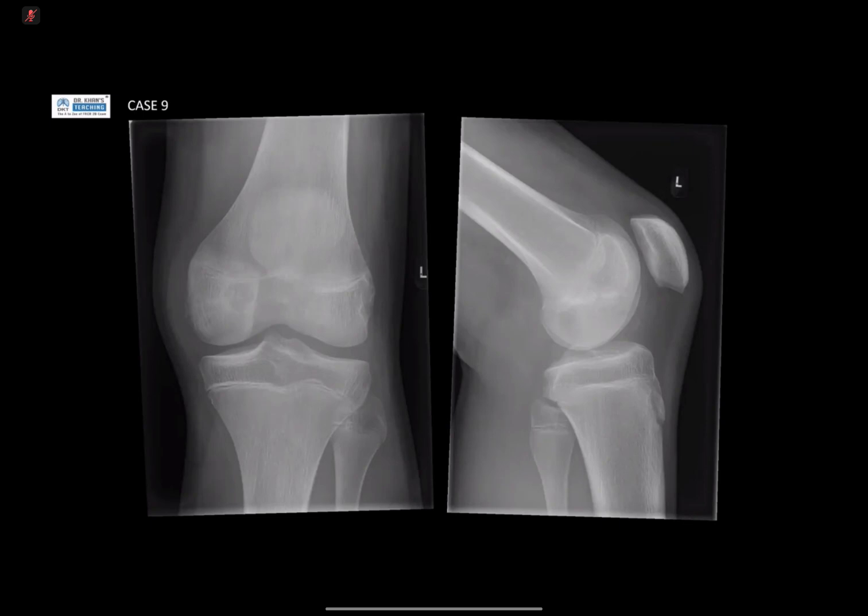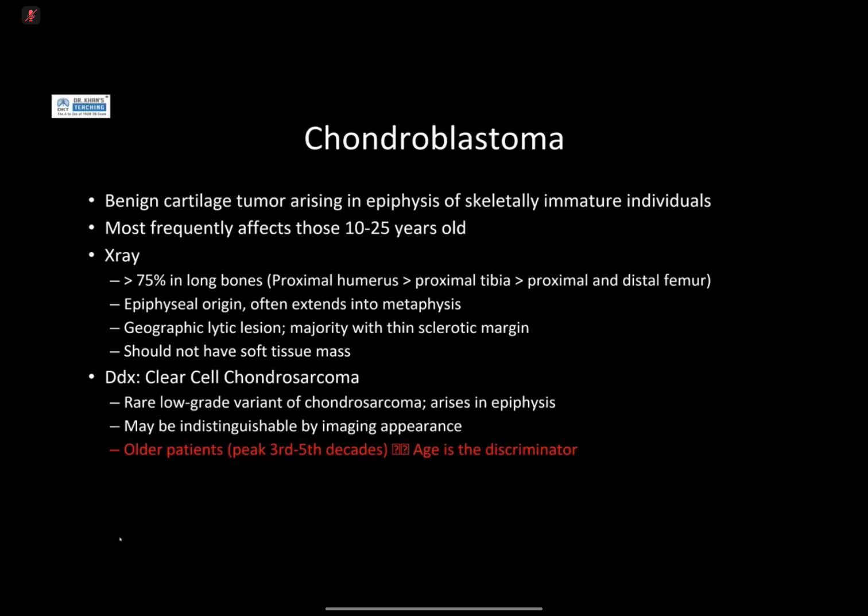Excellent. Well done. Nice description and really good, sensible differential there. So this is a chondroblastoma. They tend to be tumours arising within the epiphysis of skeletally immature patients, and they generally affect the age group between 10 and 25.